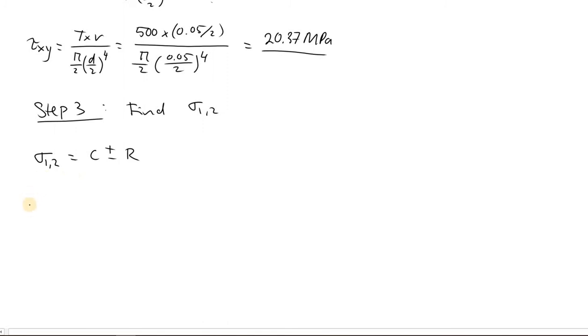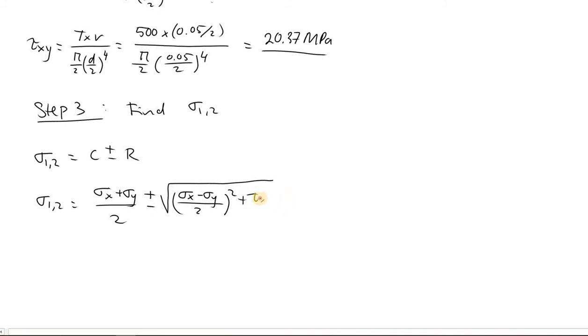Writing this out in terms of equations: the center point is just our average, so it will be our stress in x plus the stress in y divided by 2, plus or minus the square root of our normal stress in x minus normal stress in y divided by 2, squared, plus our shear stress squared.